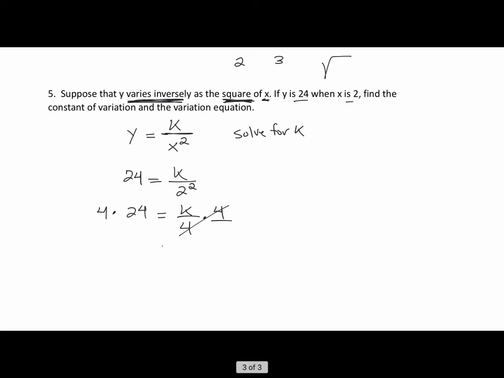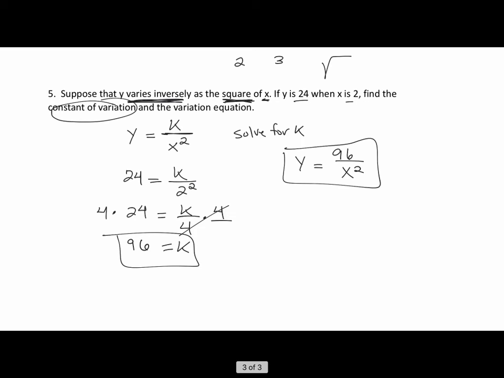Undo that division there. And 24 times 4 is 96. So that's k. Let's put that into our variation equation. So y equals 96 over x squared. Now, constant of variation, okay, found. Variation equation, okay. And that's all we need to do here.